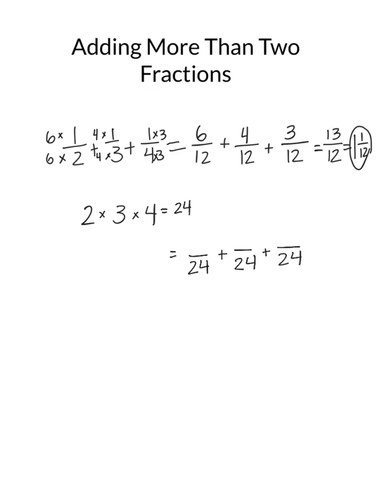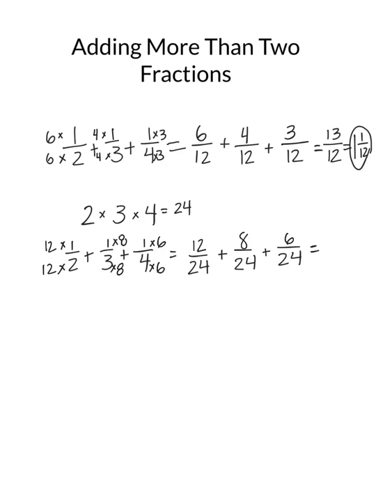So now this changes things slightly, because instead of figuring out what I multiply each of these by to get 12, I'll think about what I multiply each of these by to get 24. So 2 times what gets me 24? Well, 2 times 12. So I do 1 times 12 to get 12. 3 to get 24, times 8. So 1 times 8, 8. 4 to get to 24, times 6. 1 times 6 is 6.